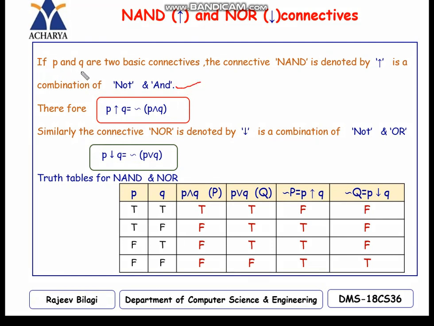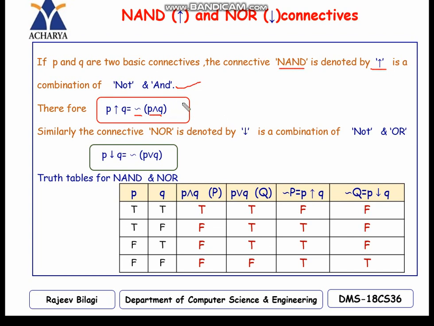If P and Q are two different basic connectives, NAND is denoted by this particular upward arrow mark, and is a combination of NOT and AND. NAND is nothing but NOT plus AND. So AND is P and Q, and not of that. Therefore P upward arrow Q is equal to negation of P and Q.